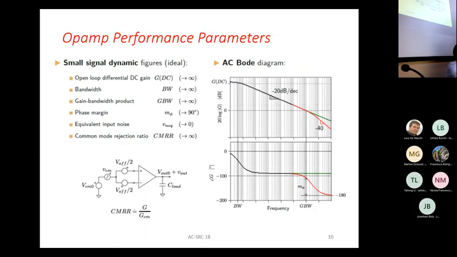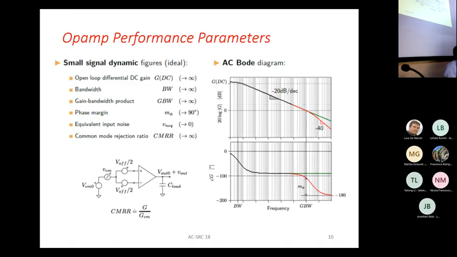Some other non-idealities. Well, in our estimation of the transfer function in op-amp circuits, we always assume that the gain is arbitrarily high, no matter what the frequency of the signal is. But this is not the case.